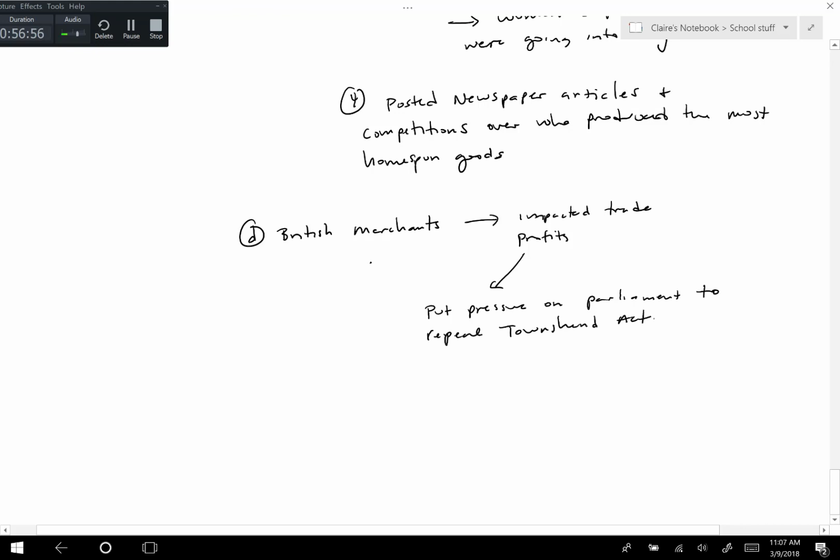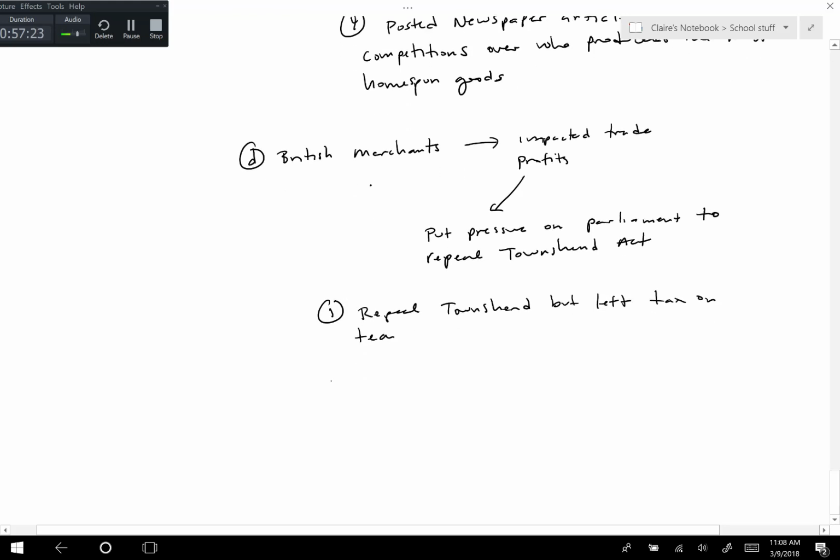Okay, and so the British ended up agreeing to do so. So they did repeal the Townshend Acts, except they left a tax on tea. We'll see this comes up again later. And they removed the troops from Boston, which I mentioned.